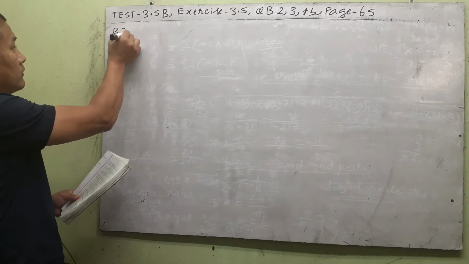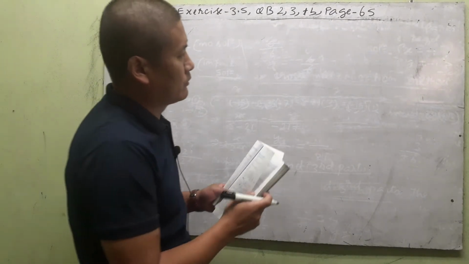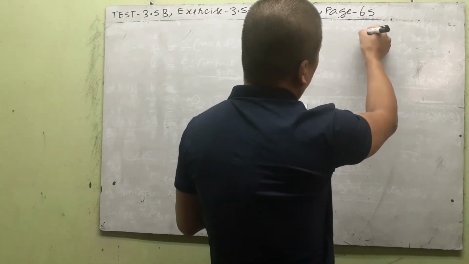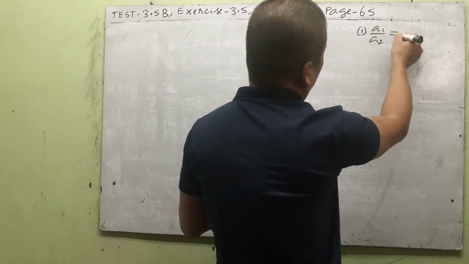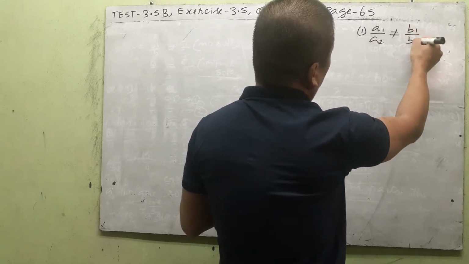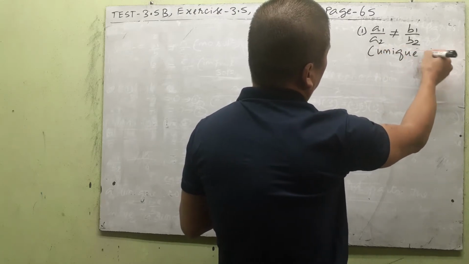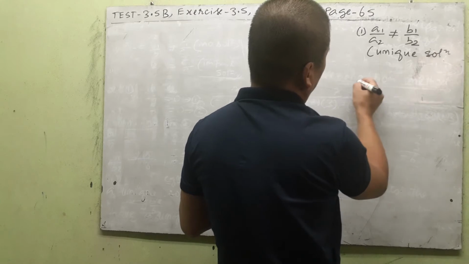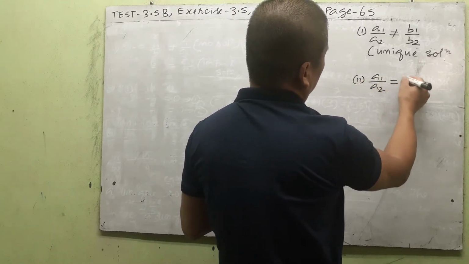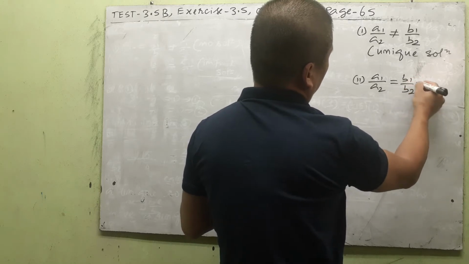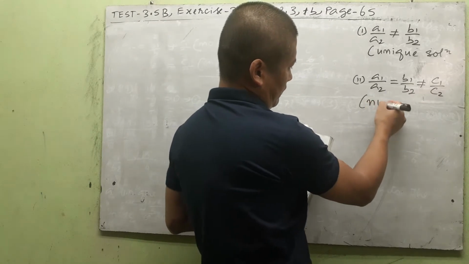B2. Before that, let us just keep in mind what the basic thing we are doing here is. Number one, if A1 by A2 is not equal to B1 by B2, then we know it has a unique solution. Second, if A1 by A2 is equal to B1 by B2 is not equal to C1 by C2, then it has no solution.